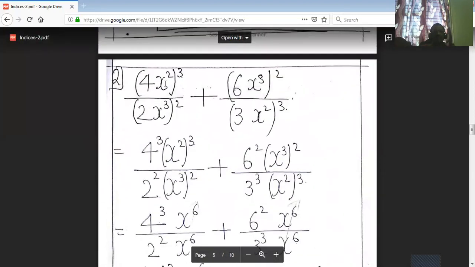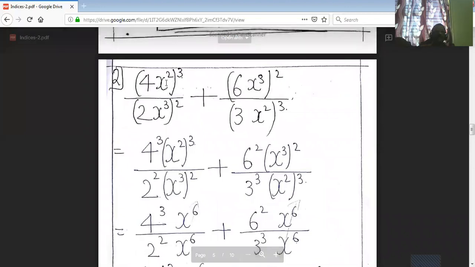Okay, I'm using a different kind of relation here, that is ab to the power of m is equal to a to the power of m into b to the power of m. The power is to be applied for two or more of the factors which are there in your base. That's what the law says.